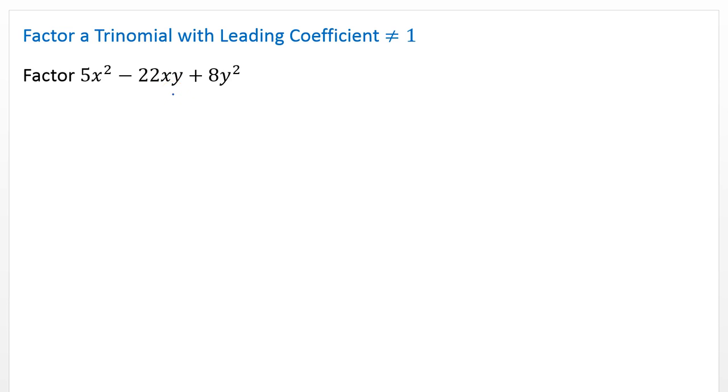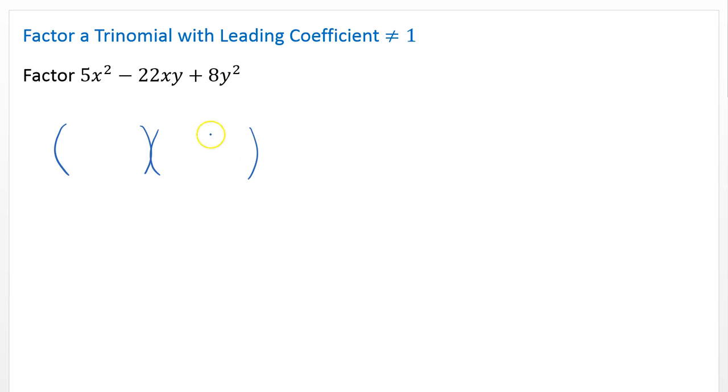Now, you can work on this problem by just simply writing out two sets of parentheses and play around with the numbers. Like to get 5, the only way you could do that is a 5 times a 1, so you could say 5x times x here. Now, the 8, on the other hand, there's several ways you can multiply to get positive 8.